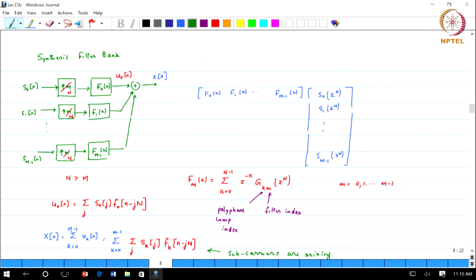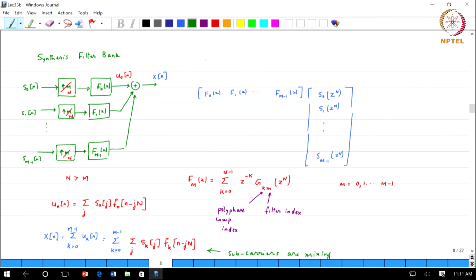Okay. So, with this configuration, we said how will the synthesis filter bank look, because that is the first stage of the transmultiplexer. Upsampling by m followed by the filter, that is a minimal configuration, but we introduce upsampling by n with the same filters, but now these filters have to be slightly differently designed, but that part will come later.